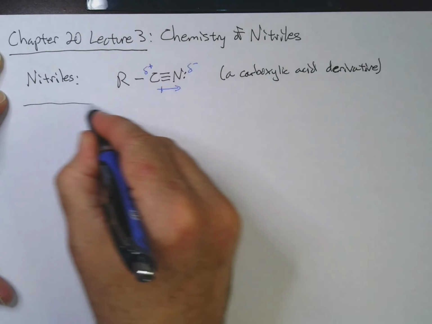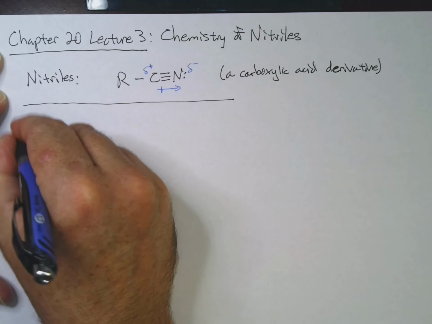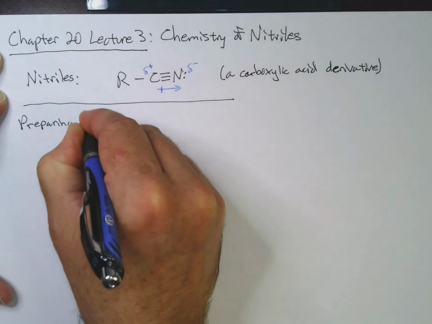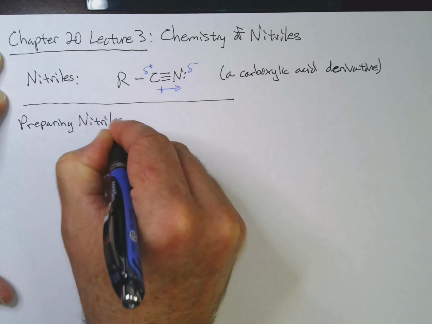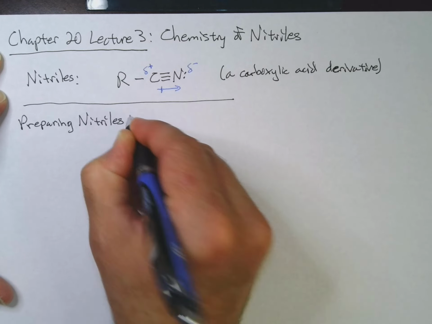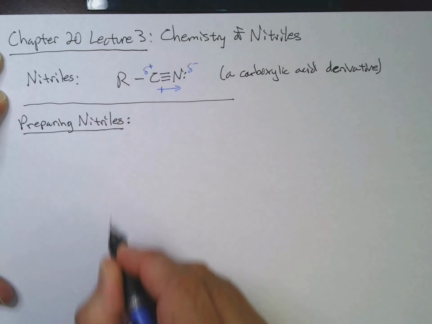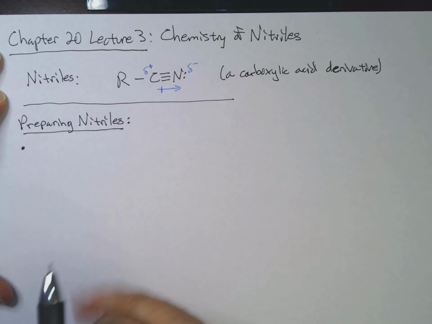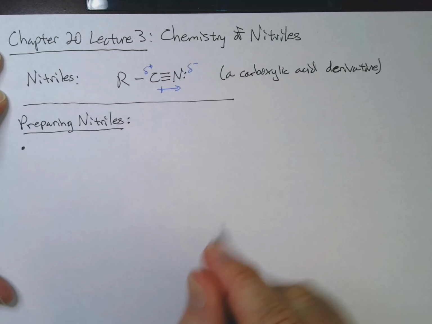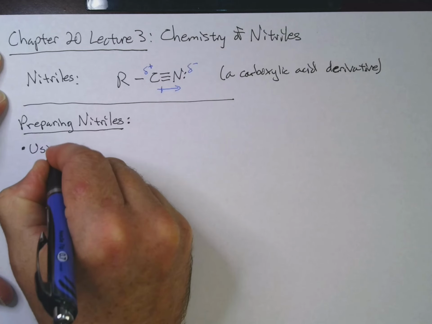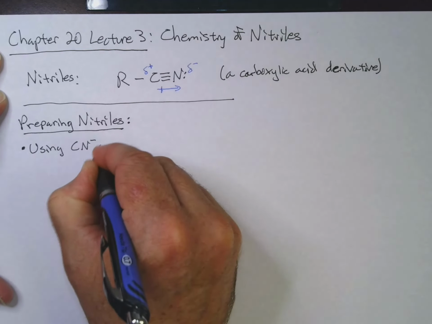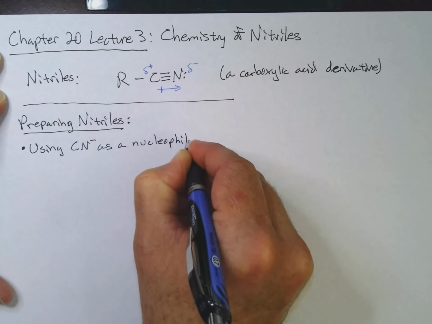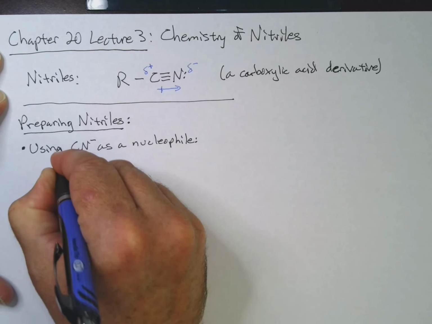All right. So let's look at some methods of preparing nitriles. What have we seen so far? Well, we've seen that we can use cyanide as a nucleophile, and we've seen this in two ways.